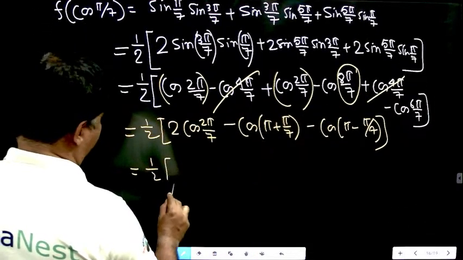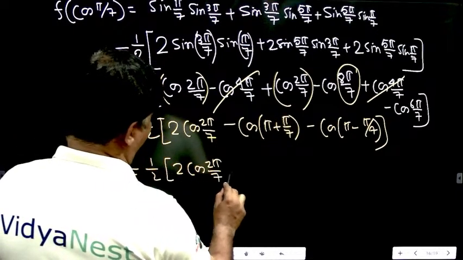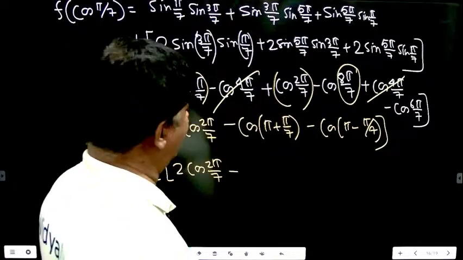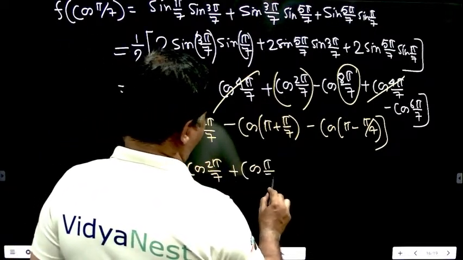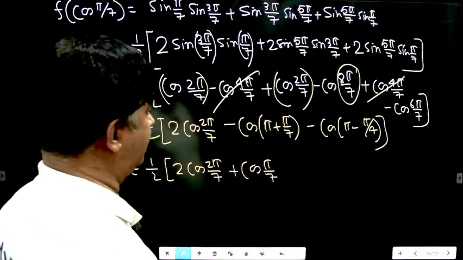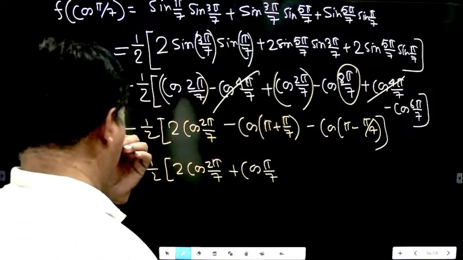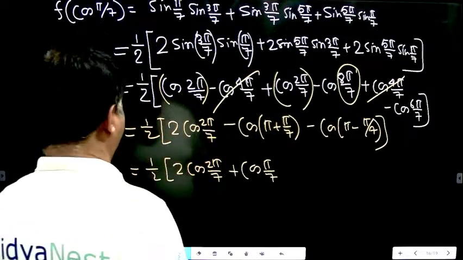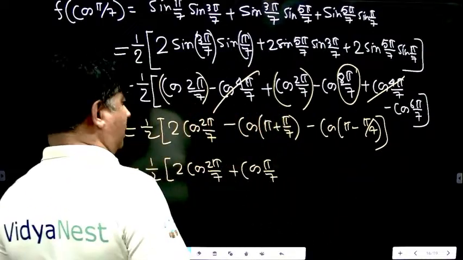So, 2 cos 2 pi by 7, cos of 180 plus theta is minus cos theta. So minus minus plus. Cos of 180 minus theta will be what? Minus cos pi by 7.